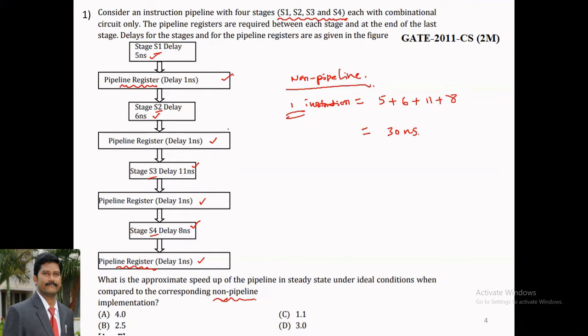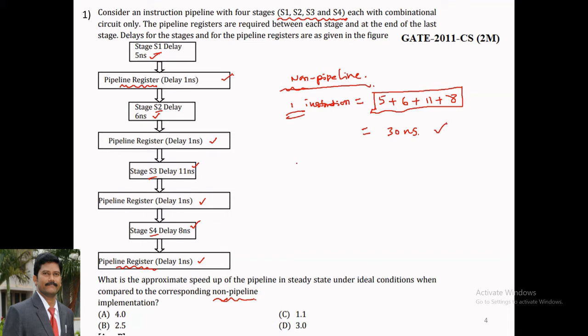Because there is no pipelining, only one unit does all 4 operations, and it takes 30 nanoseconds.